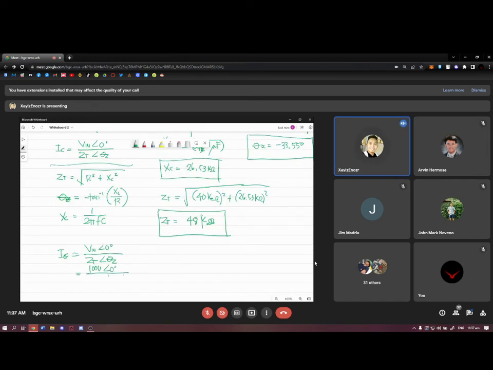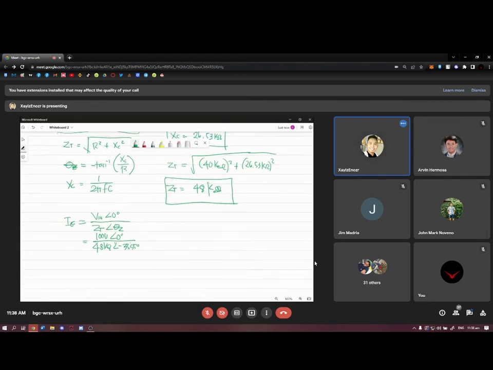Total impedance natin ay 48 kilo ohms, angle negative 33.55 degrees.